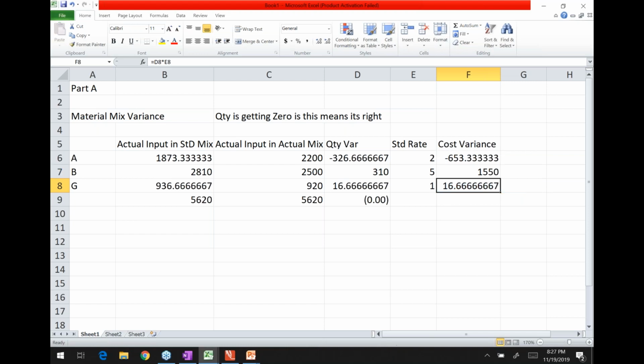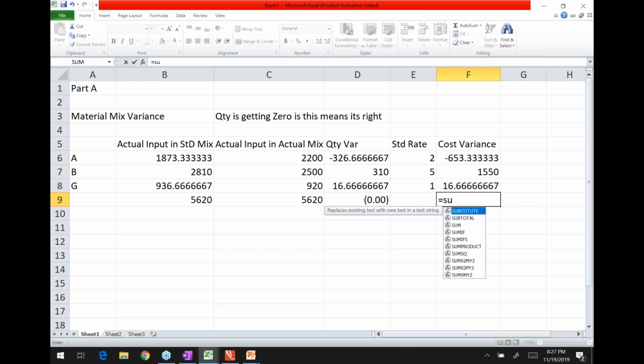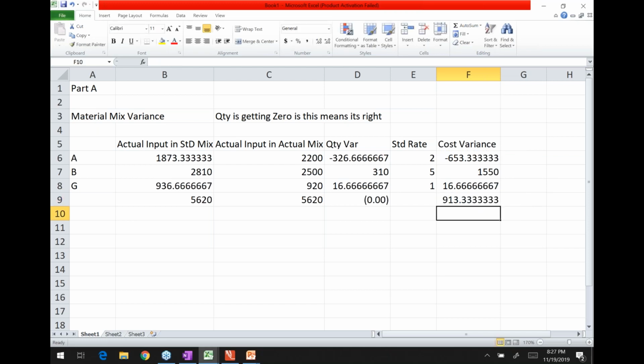You can just cross check. Yes, proper multiplication done. Let's work out the final answer and apply the sum formula again here. Once I use this sum formula, the answer that I'm getting here is 913.3333, and this answer is basically the answer of material mix variance.